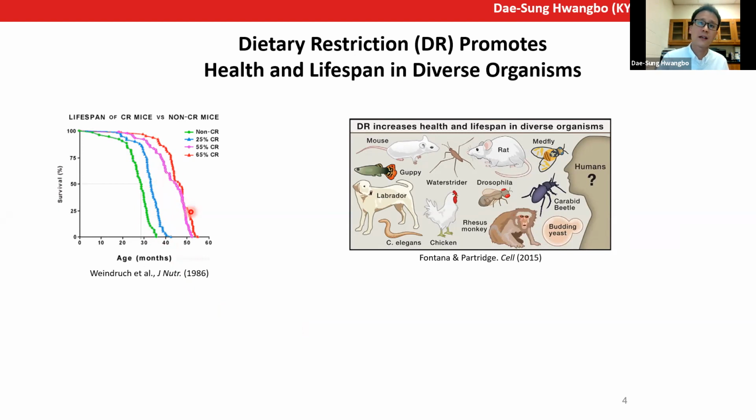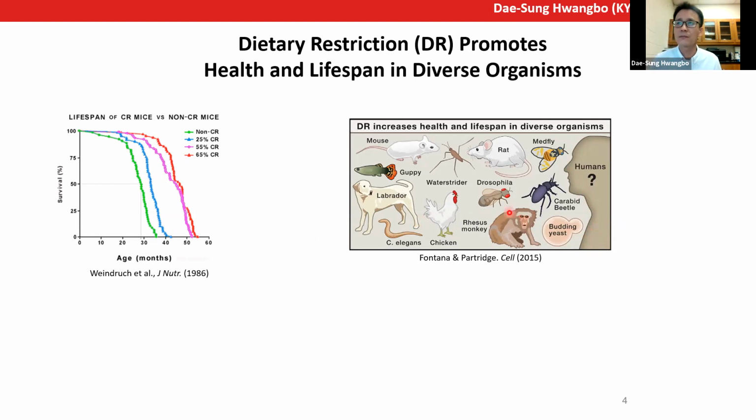By the way, this is dependent on strain or species, so do not take these numbers as they are. Now, not only mice or rats, pretty much all model organisms, traditional or non-traditional, tested so far, it works. It extends lifespan. It makes animals healthier. So some people are actually trying it themselves to see whether it works for humans as well.